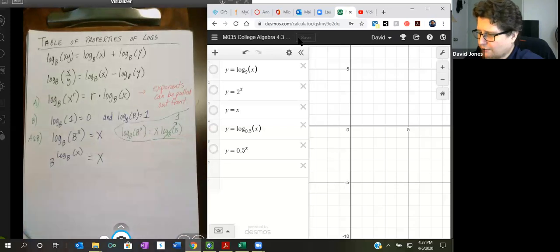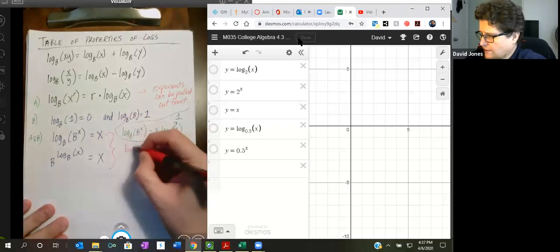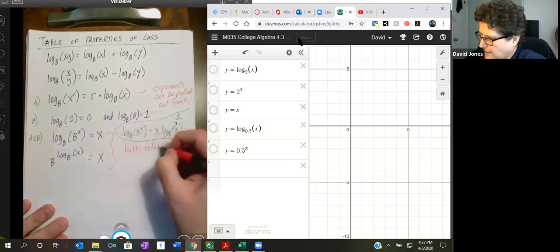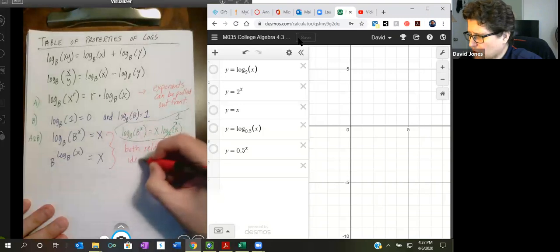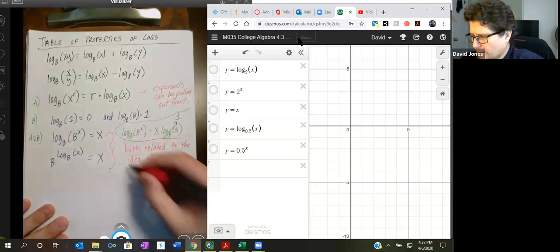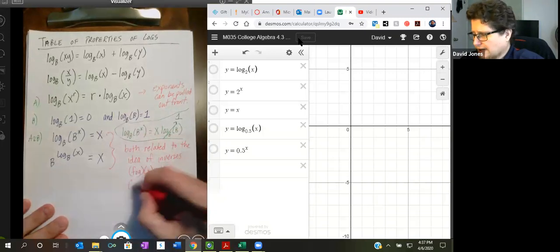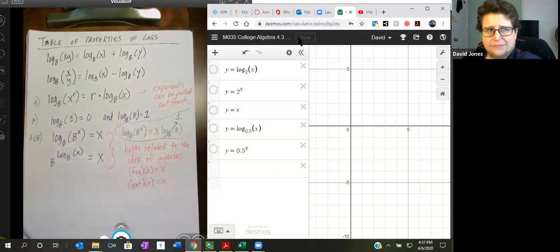And both of these are related to the idea of inverse properties. Remember we said f of g of x equals x and g of f of x equals x? Same idea.